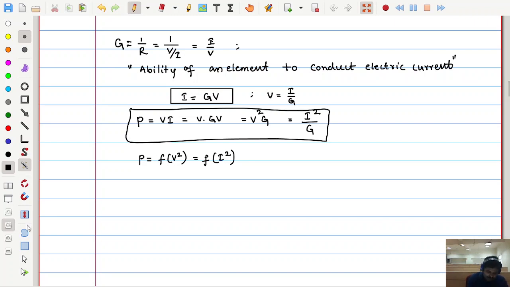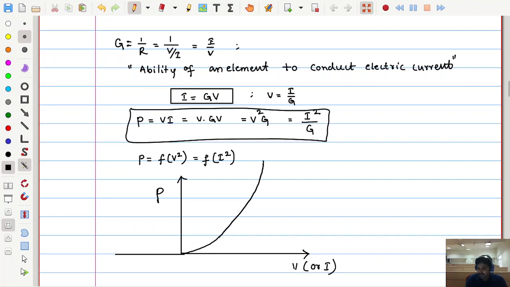So if we see the power relationship and power characteristics, what kind of characteristics are we going to get? Let us take the x-axis as voltage or current. Let us say first case voltage, and check the power on the y-axis, and let us see the relationship between power and voltage. Let me extend this axis here. Now see that as the voltage increases, initially it might be rising slowly, then as it goes further, it will rise fast, like that.